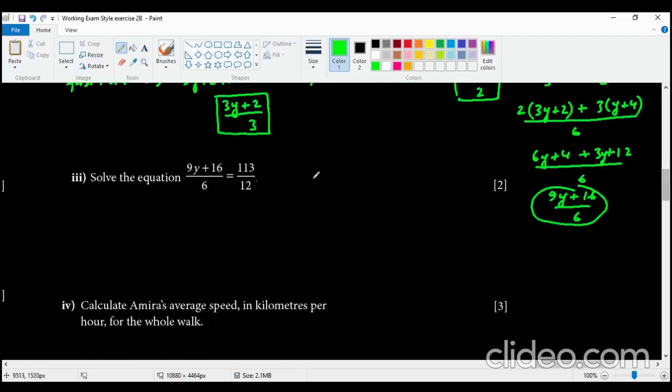It says this is equal to this, so we need to solve this. We are going to cross multiply 9y plus 16 and 6 times 113.